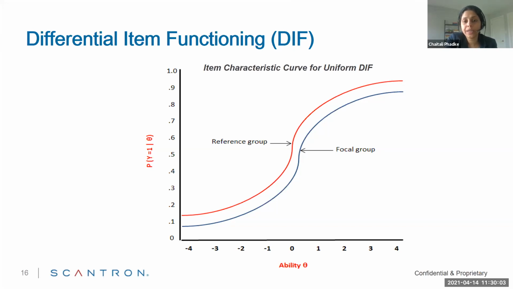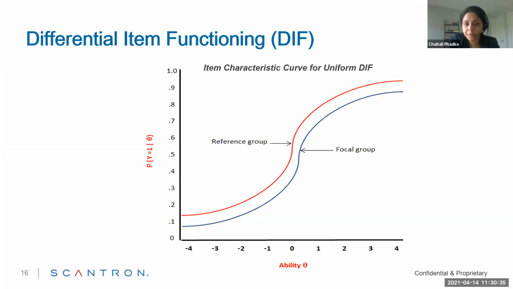If we look at, say, ability 0 on the x-axis and see where those curves are at ability 0, the red curve gives you a higher probability than that point on the blue curve, right? So what it means is that candidates from the reference group have a higher probability of answering that item than candidates from the focal group when they have the same ability.